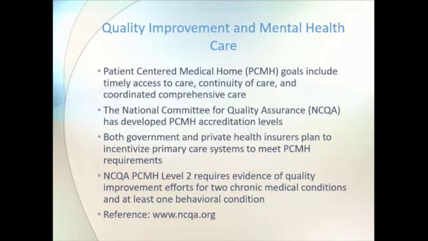So a lot of focus these days amongst the quality assurance kind of organizations. Patient-centered medical home, of course, for many organizations has replaced the old Joint Commission accreditation. And so they have set goals which include timely access to care, continuity of care, and coordinated comprehensive care, with an emphasis on not just doing those things, but being able to document and prove that those things are happening.